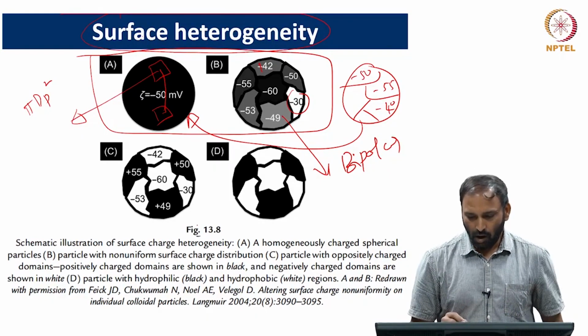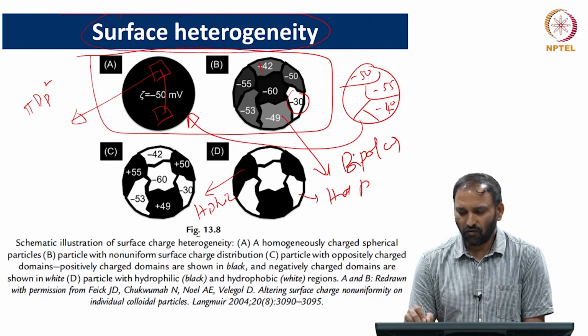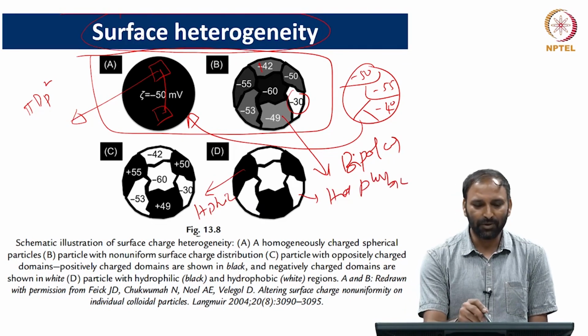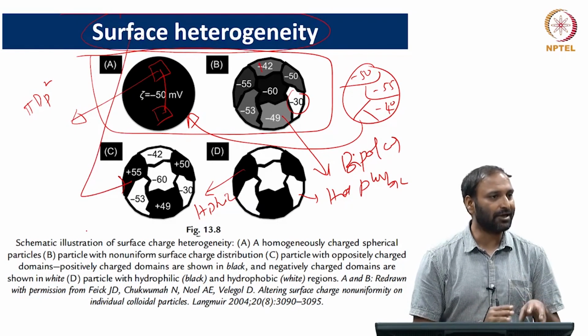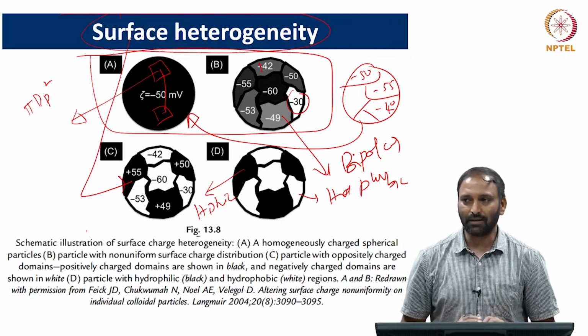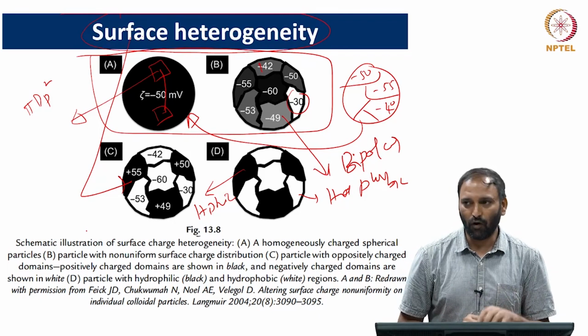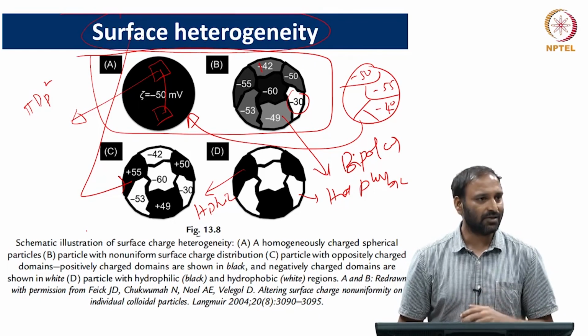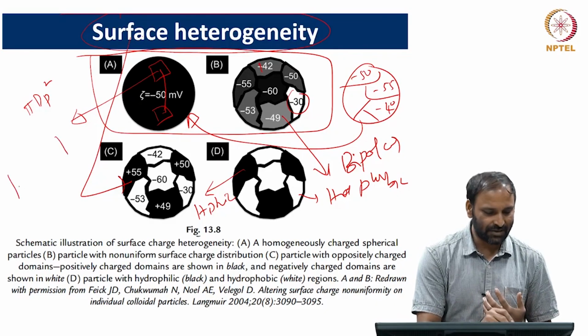Or you could have cases where some region is hydrophilic or hydrophobic. These are examples of a surface heterogeneity, a chemical heterogeneity, and such things are more difficult to characterize. It involves more advanced techniques. For example, I was talking about electrophoresis.